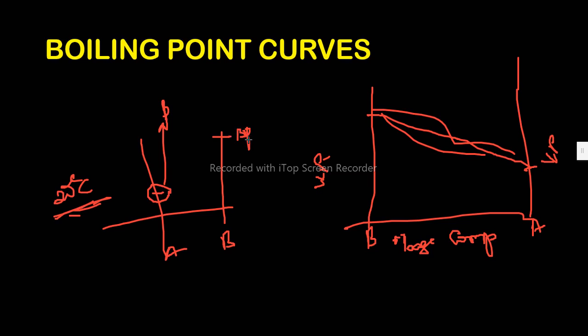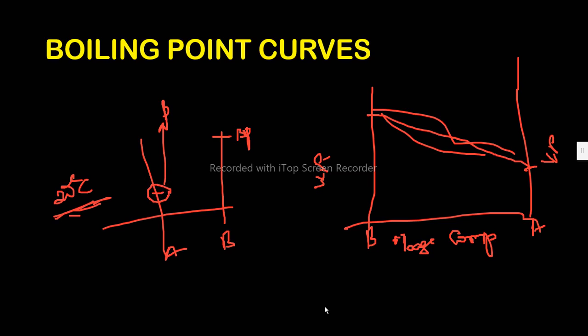Why? Because we agreed in the previous lesson that the boiling point is that temperature at which the vapor pressure of a given substance is equal to the atmospheric pressure. So if you have the highest vapor pressure at a particular temperature than the other, it means you will achieve the vapor pressure which is equivalent to the atmospheric pressure at lower temperature. Hence you boil at lower temperature than the one which has.